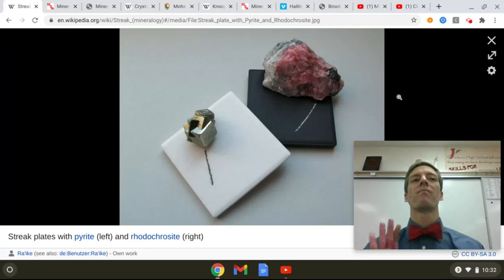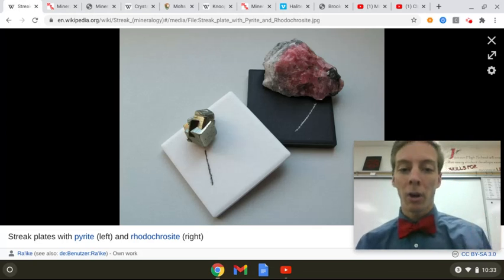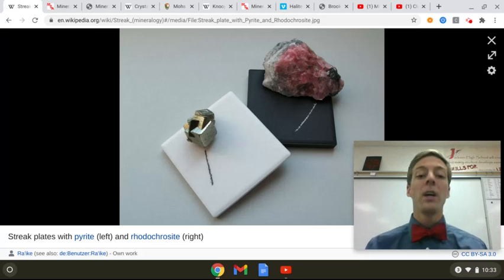The streak plate. What you do is you grab a piece of porcelain, not glazed. You take the mineral and you drag it across the top. You see what color streak it makes. Some things leave no streak. Others will leave a dark streak or a white streak.